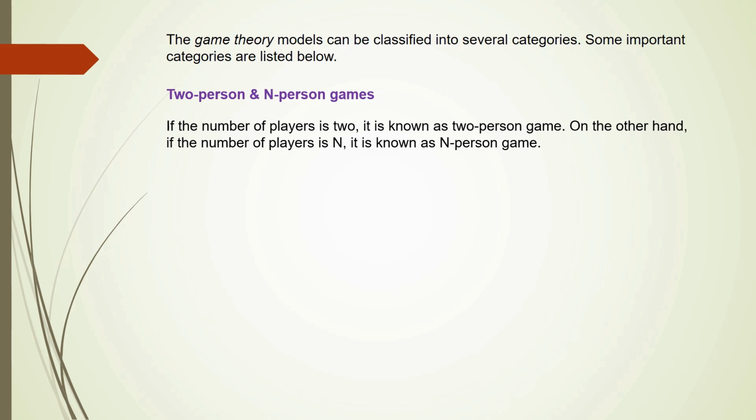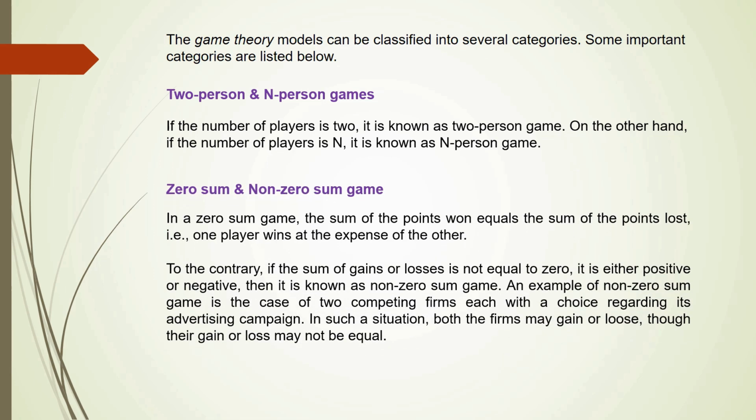First one is 2-person and n-persons. If the number of players is 2, it is known as 2-person game theory. If the number of players is n, we don't know the number of players, then it is called n-person game. Then zero sum and non-zero sum game.